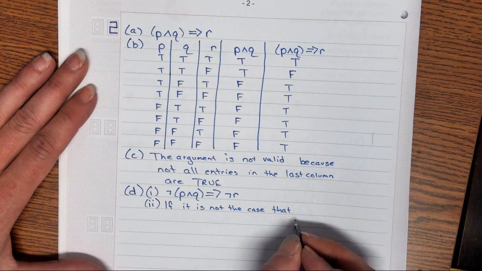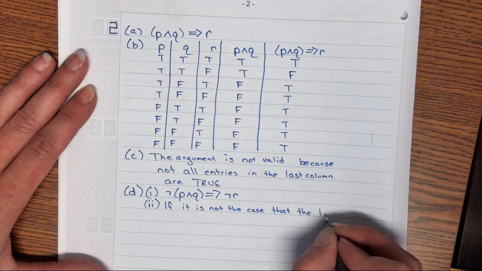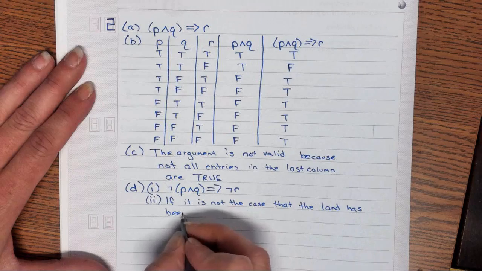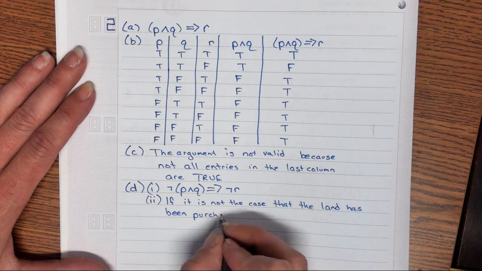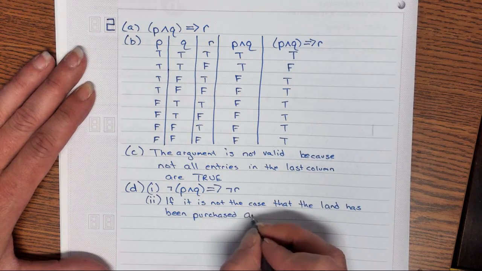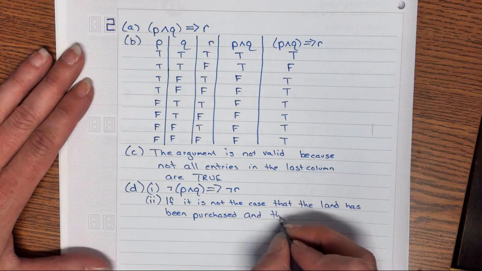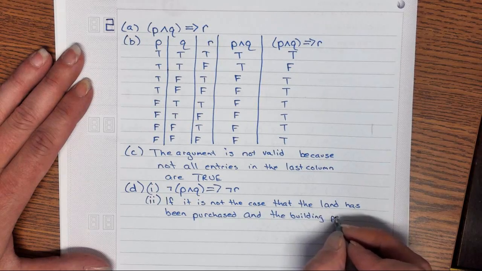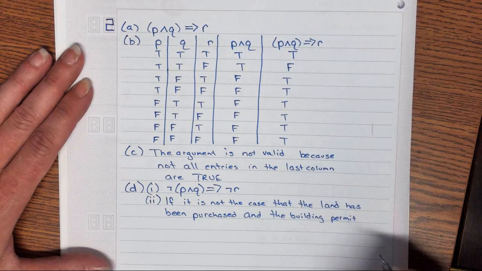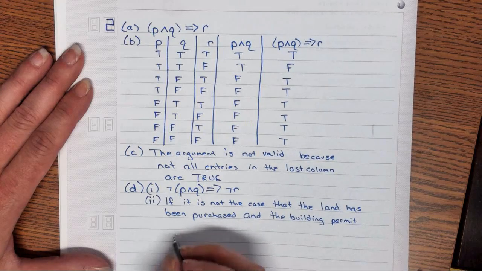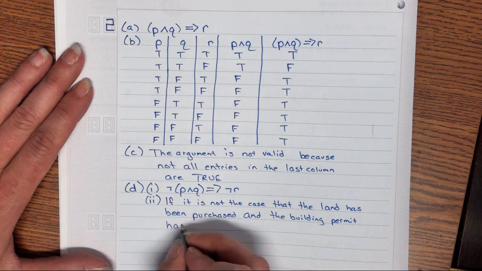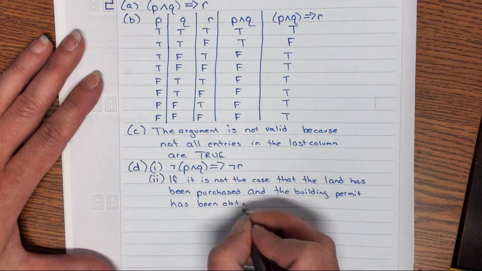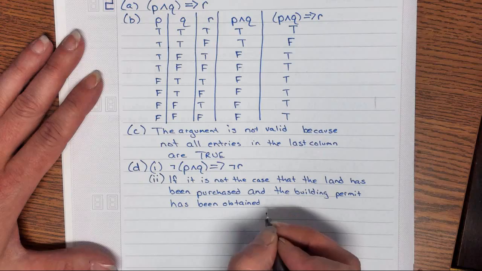It is not the case that the land has been purchased and Q, which was the building permit, has been obtained. I'm literally copying the P and Q statements exactly as they're written on the paper.